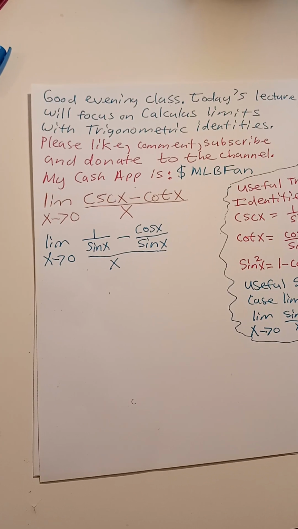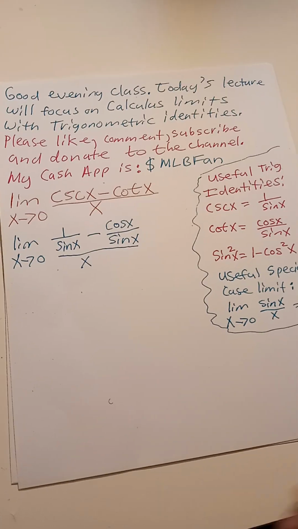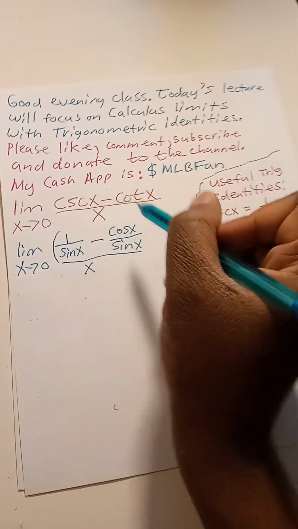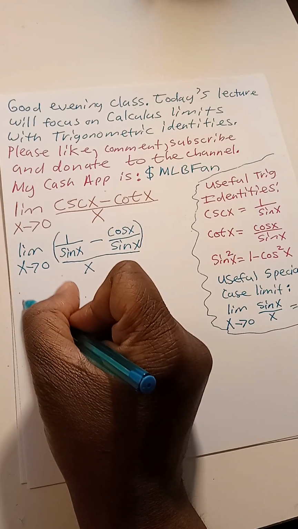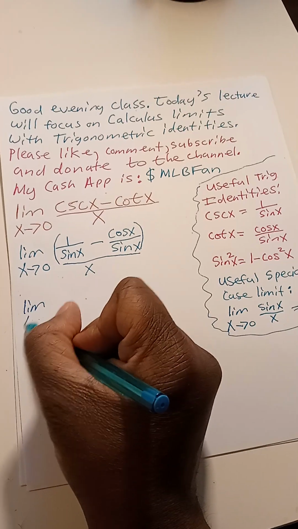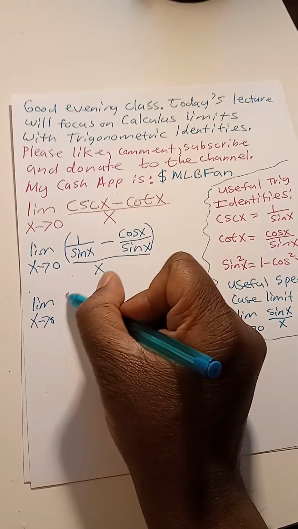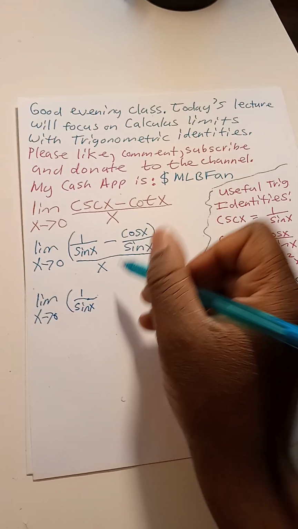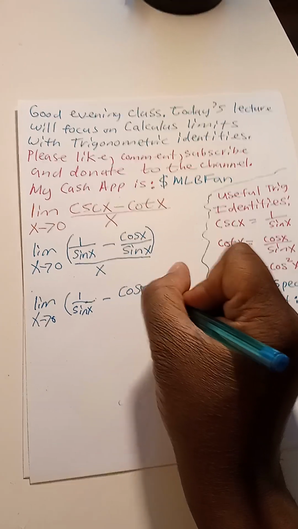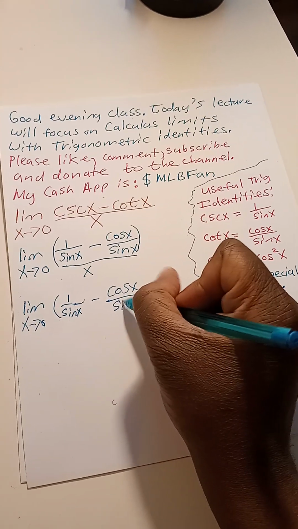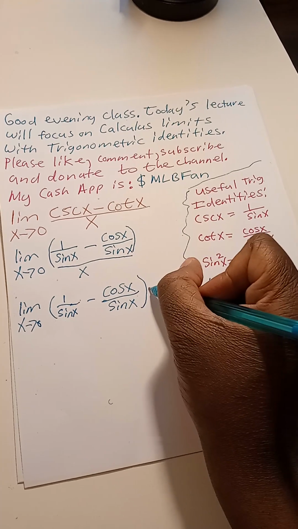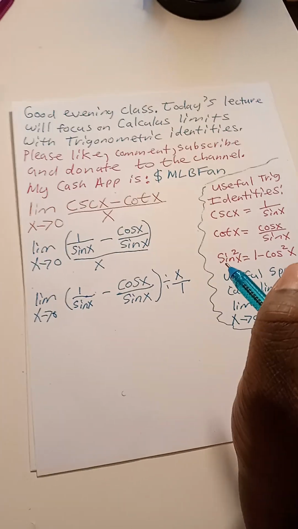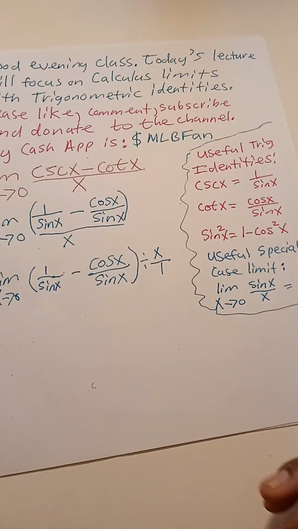Now, this can be rewritten with the denominator written off to the side, and let's put parentheses around the numerator. So it's going to be rewritten as the limit as x goes to 0 of 1 divided by sine x minus cosine x divided by sine x, all divided by x. And we're going to make x a fraction and put it over 1 because eventually we're going to have to multiply by the reciprocal.